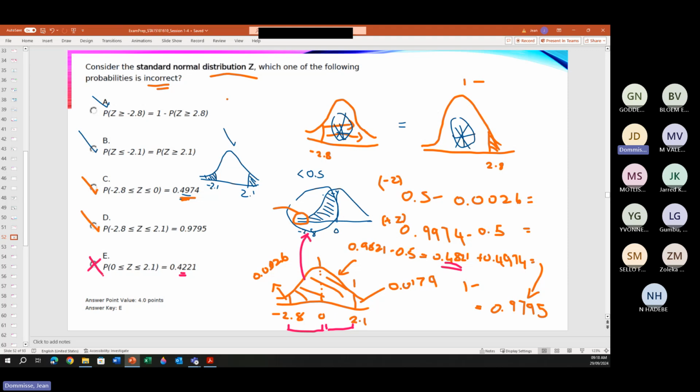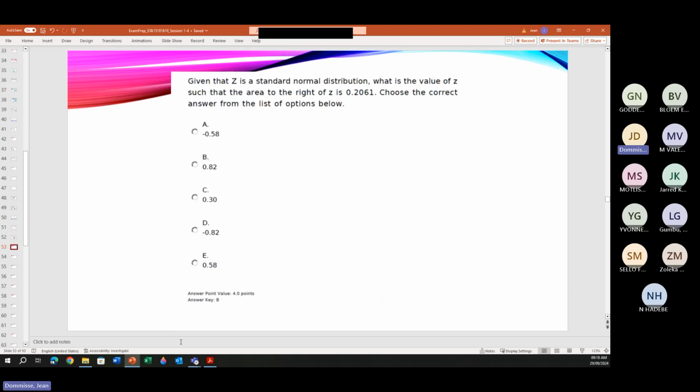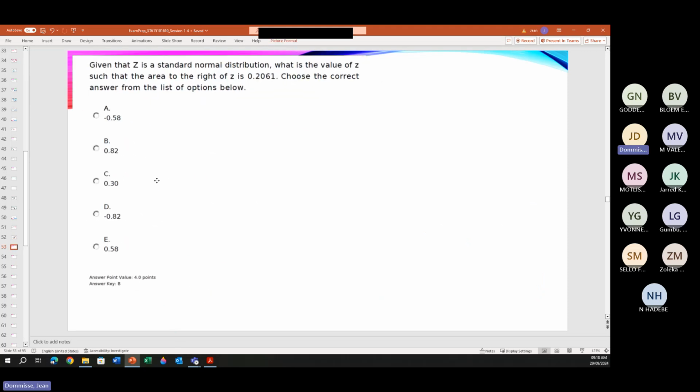If you're okay with the positive table and know how to change it, do that. If you like using both, then also do that. So I think especially with these ones, just get a method that you're comfortable with, because one or two questions around this will be in your exam.